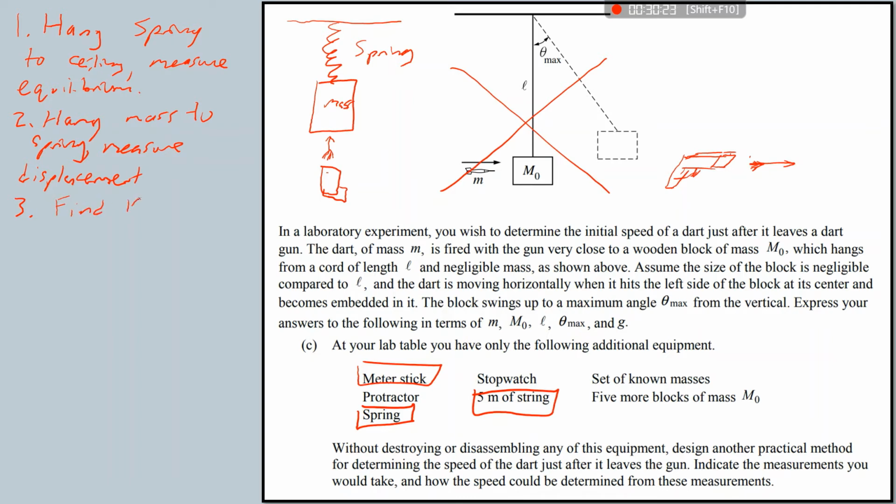Oh, kx equals mg. Kx equals mg, therefore k is mg over x. Okay, now I know the spring constant. Okay, step 4.